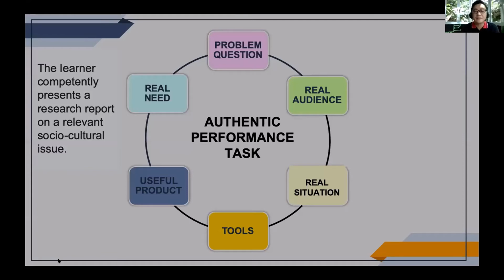Now, can this possibly be improved or leveled up to become an actual authentic task or product? Let's take a look. Again, let me read. Physical disability should never be a hindrance for a person to be productive. PWDs have the right to work and support their respective families.